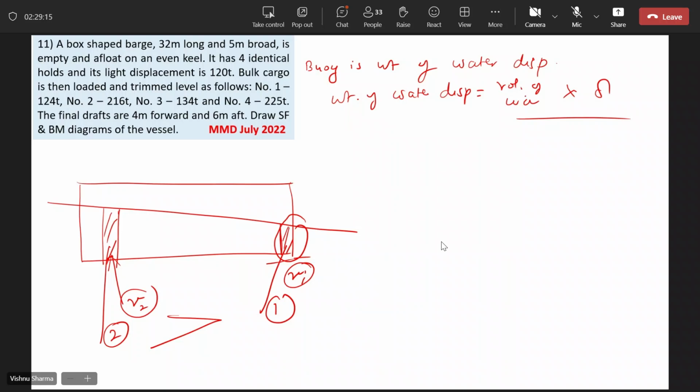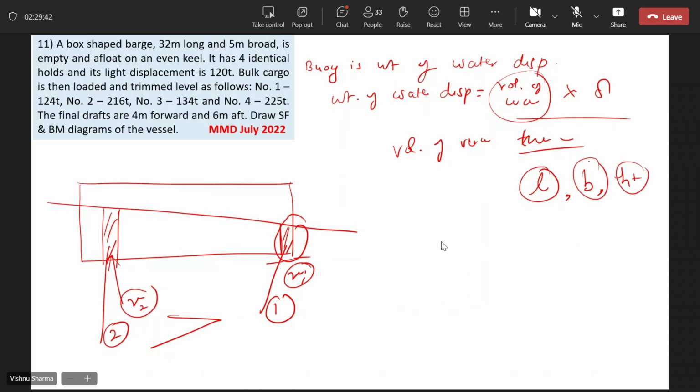And what is the volume of the water displaced? If you're saying per unit length, that means over 1 meter length. What will the volume of water displaced per meter at a point depend upon? It will depend upon the length of the underwater volume, the breadth of the underwater volume, and the height of the underwater volume.